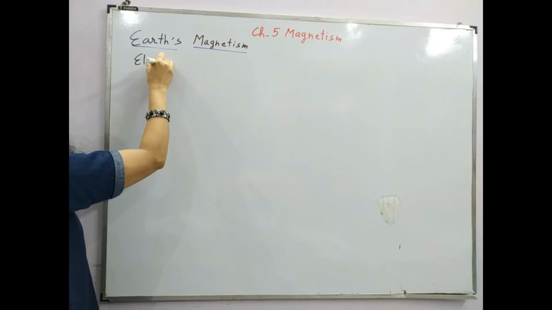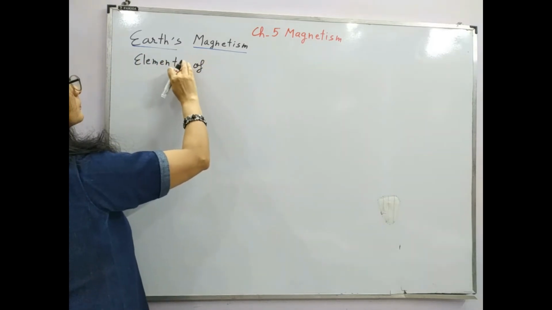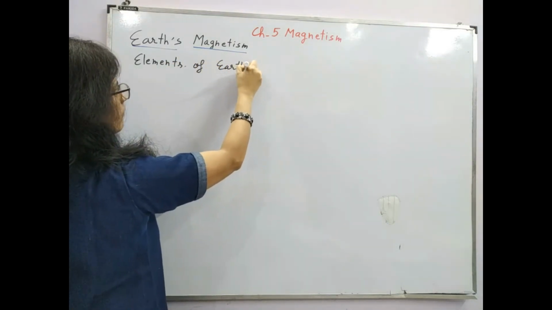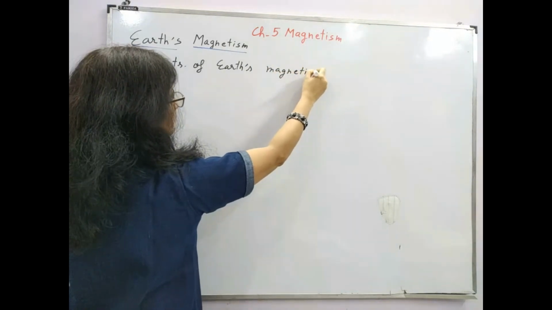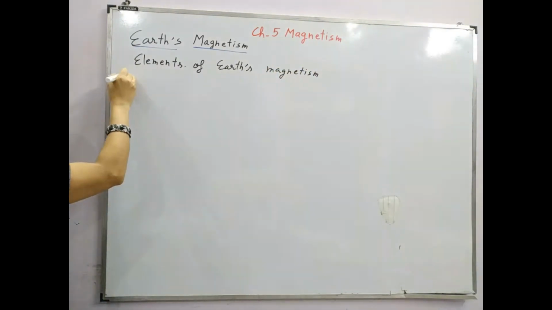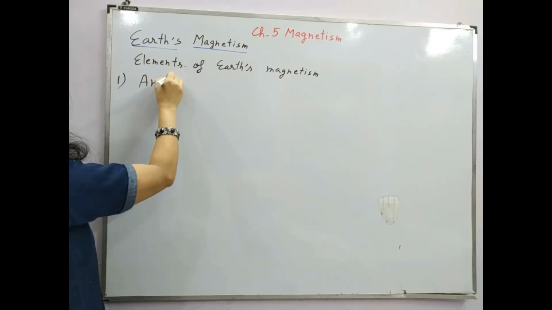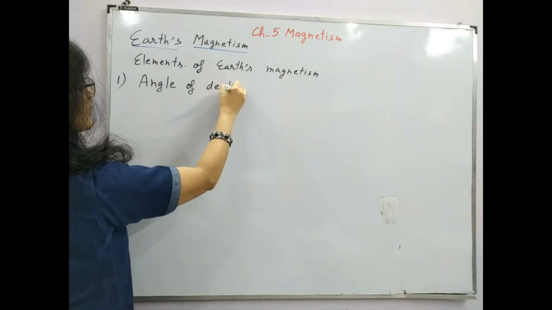So elements of Earth's magnetism. The first is the angle of declination.